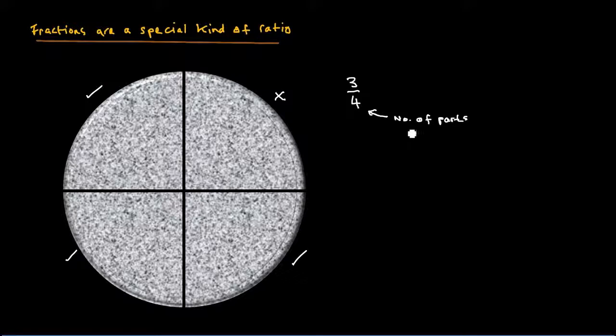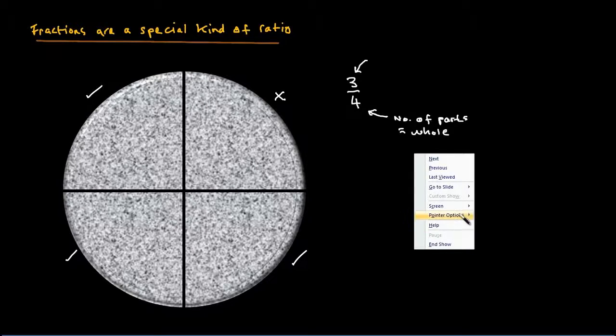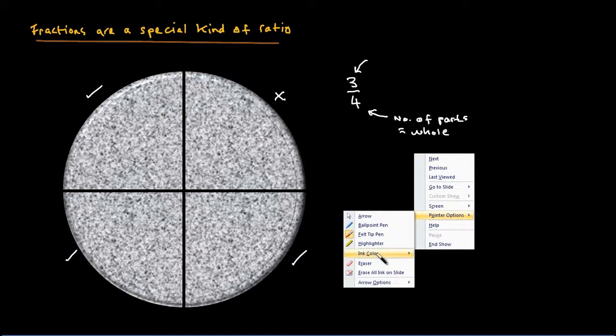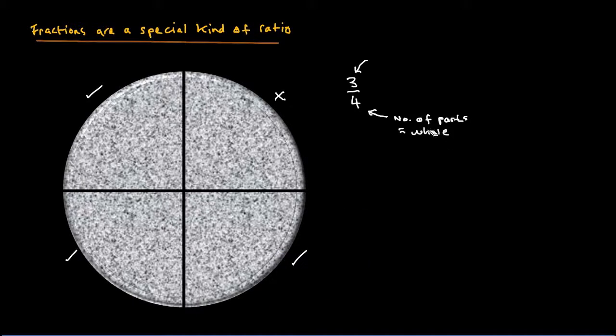So the number of parts gives us the whole of the object. Okay, so this in fact is the number of parts that we're taking.